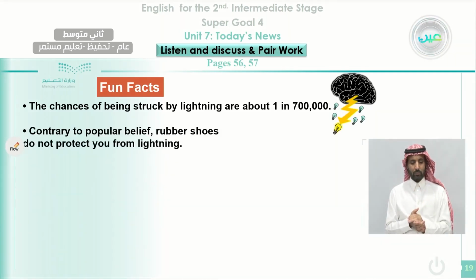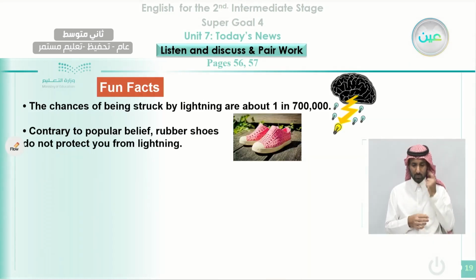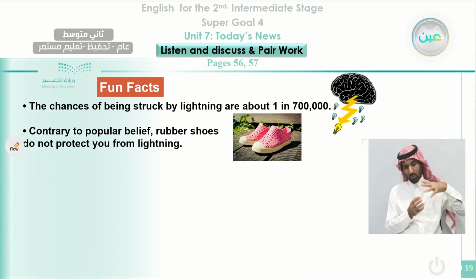Number 2 here, contrary to popular belief, rubber shoes, as you can see here, do not protect you from lightning. So if you are wearing rubber shoes like these, they don't protect you. Some people think that they protect from the electric current going to the ground, but they don't.